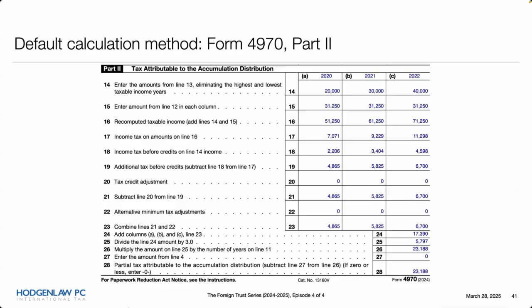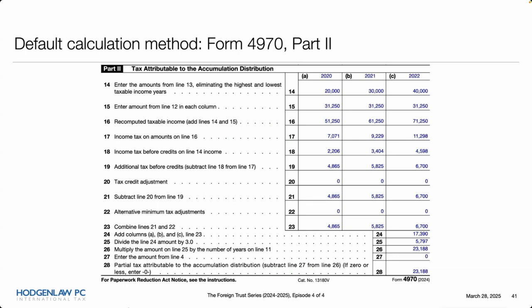And you'll see I repeated on line 14 the taxable income numbers from line 13, throwing out the high and the low. And line 15 has the accumulation distribution on it, 31,250 for each year.